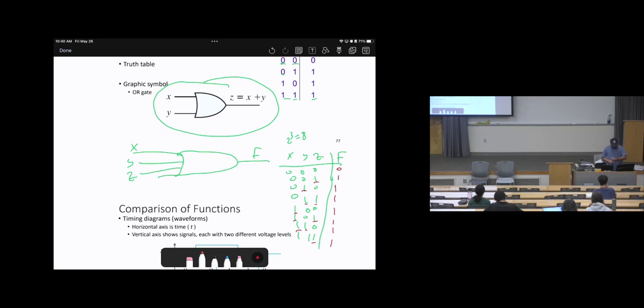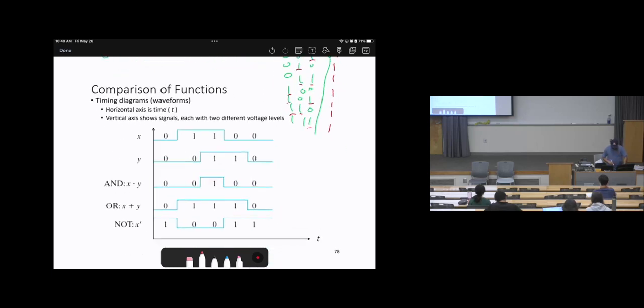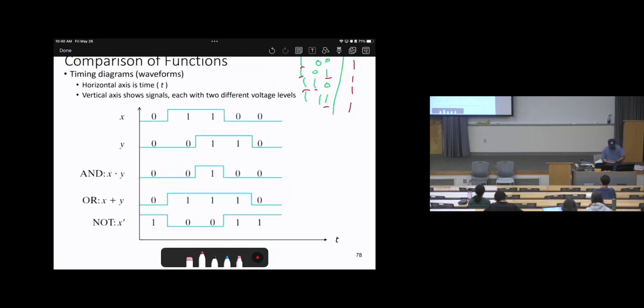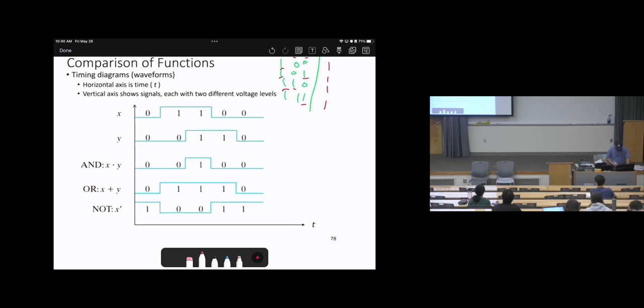Now there is something called a timing diagram. A timing diagram is something that happens every certain period of time if there is an action. Let's assume that I have a switch and at a certain time I change the switch status. So there is a function with time happening here. In the timing diagram, here is the input x, here is the input y.